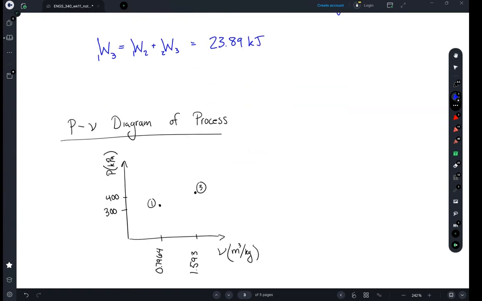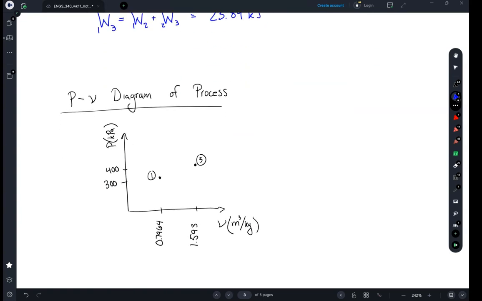We can draw a diagram of this process. I already have it sort of sketched out here. We have our initial state and final state. Our first step is a constant pressure expansion. So we're going up at constant pressure here to 2.